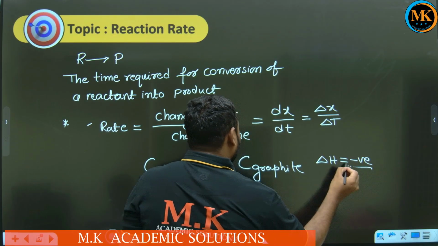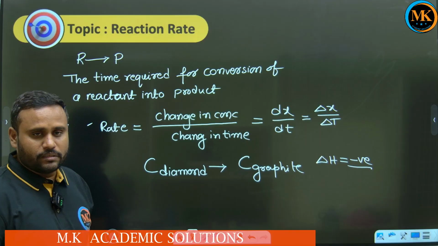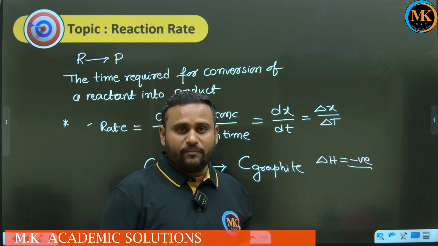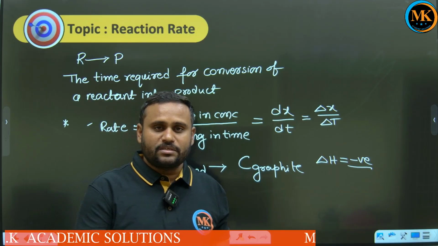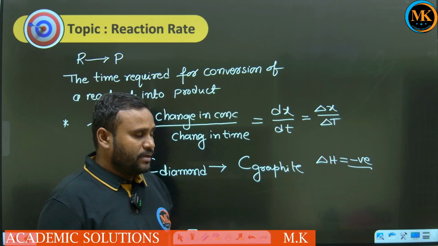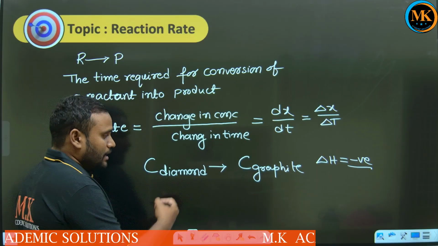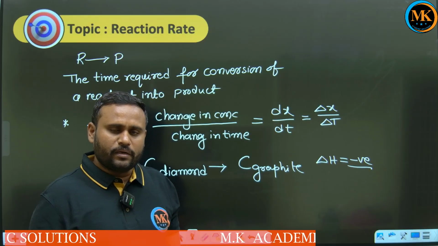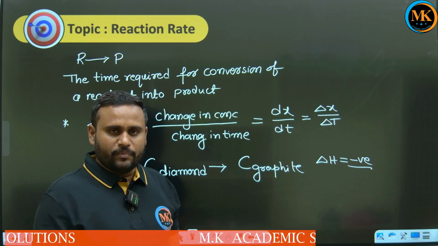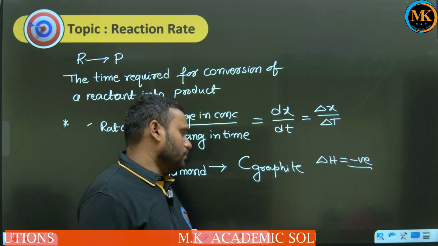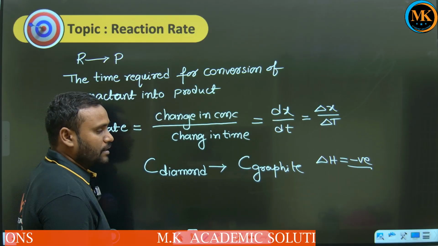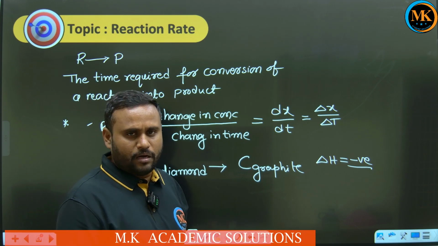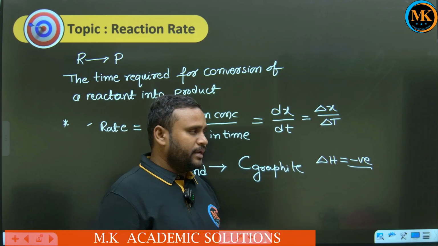Means it is a spontaneous reaction according to thermodynamic data, but thermodynamic data will not give us how much time it is going to require. But generally, when you measure the speed of this reaction, it is a very slow reaction. It will take years together, even millions of years to convert a diamond into graphite. So hence we are going to consider it almost a non-spontaneous reaction.